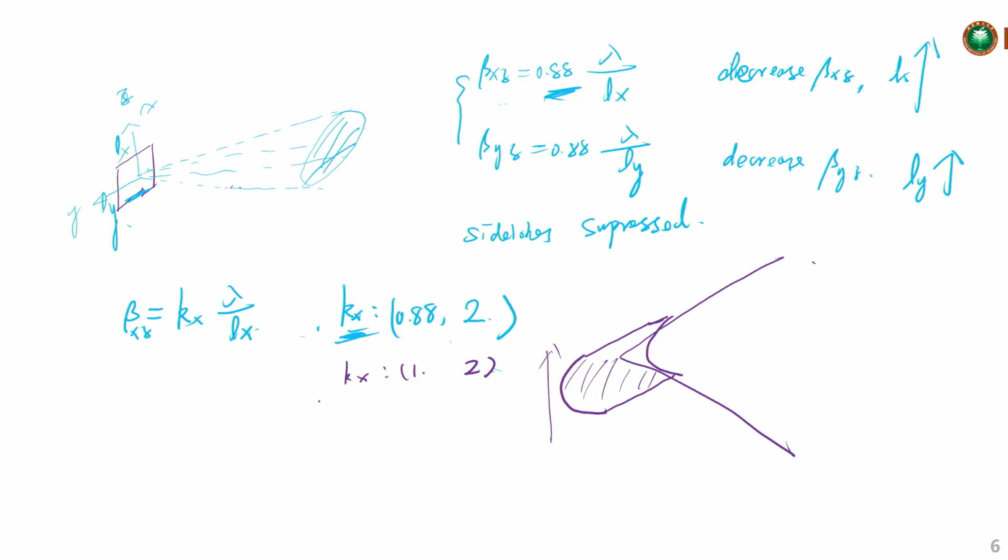This is due to the shape of the aperture and also its dimension. It is going to affect the radiation pattern of the antenna.